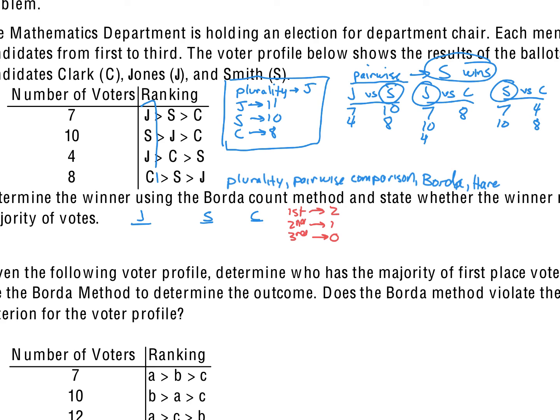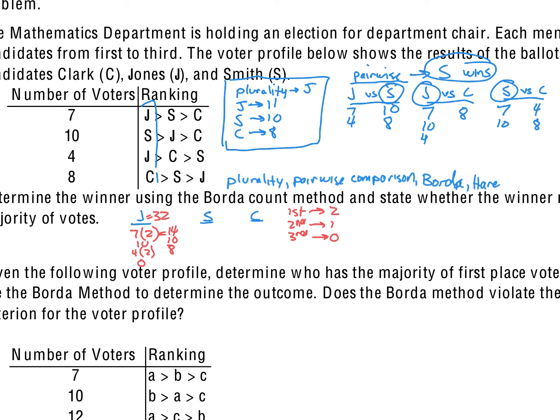So J got 7 first place, so doubled. J got 10 second place. J got 4 first place, so doubled. And third place for the last. So altogether, J got 14 plus 10 plus 8, which is 32.